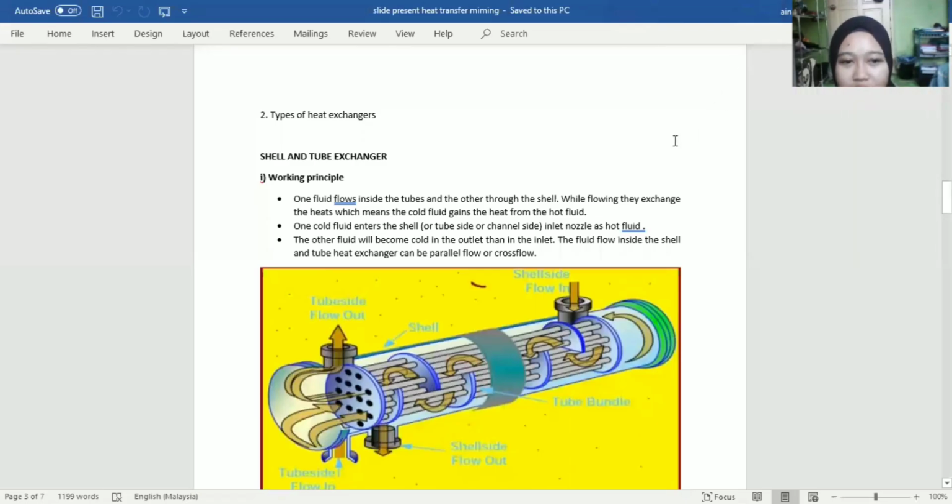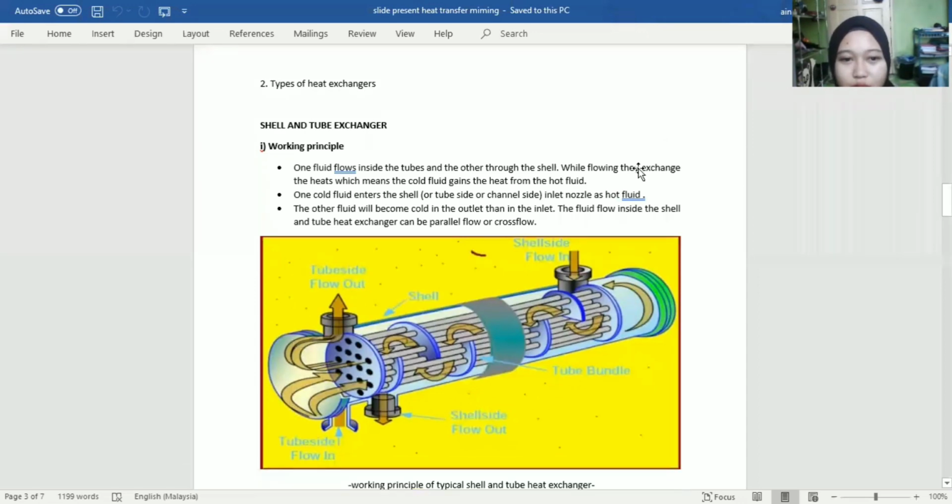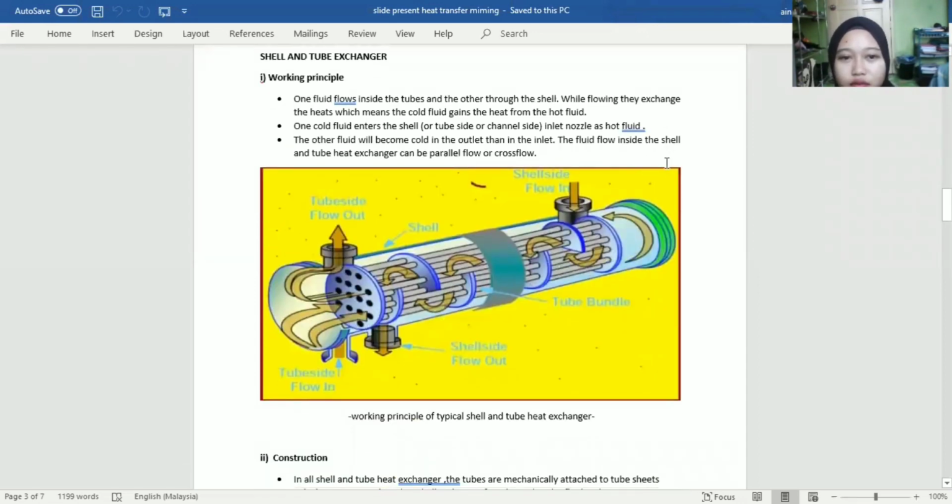Okay, next saya nak terangkan tentang working principle untuk shell and tube exchanger. One fluid flows inside the tube and the other through the shell. Following the exchanger, heat switches, meaning the cool fluid gains heat from the hot fluid.